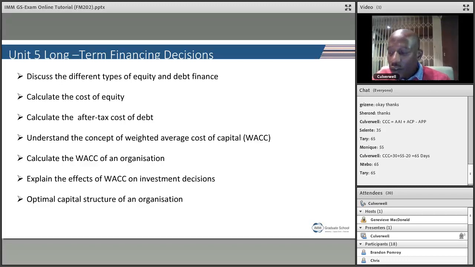So one needs to manage the weighted average cost of capital and keep it at an optimum level, meaning you would want to have it as low as possible, which will give you chances of implementing projects moving into the future. The higher it becomes, the less chance of you implementing any project, because can you imagine if your weighted average cost of capital, just for argument's sake, not in practice, is 50%.